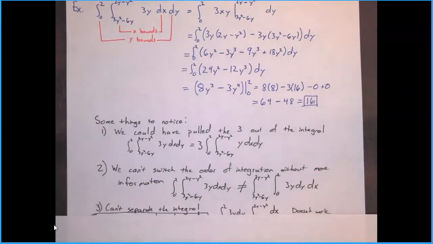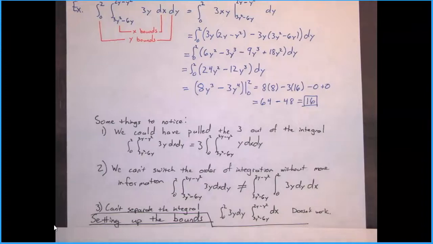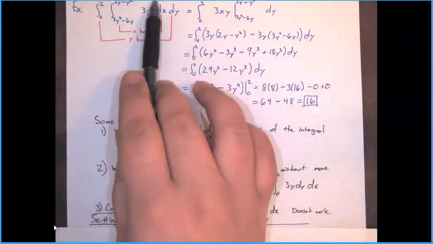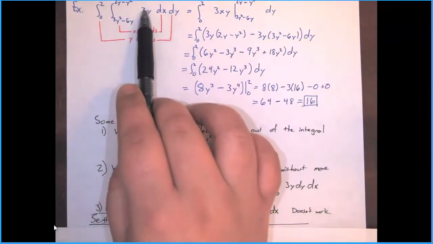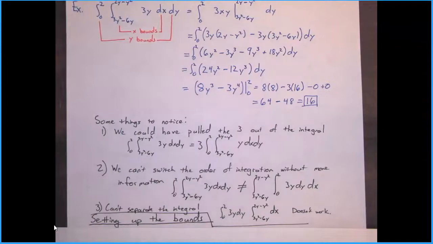And then the last thing I want to point out is that I can't separate this integral. And sorry for this mess. This is actually the beginning of the next video. But anyway, looking at this, I can't separate this integral like I talked about in section 15.1, where we said, okay, I can think of this as 3y times 1, where 3y is a function of y, 1 I could think of as my function of x. So can I just write this as an integral in terms of y times an integral in terms of x?